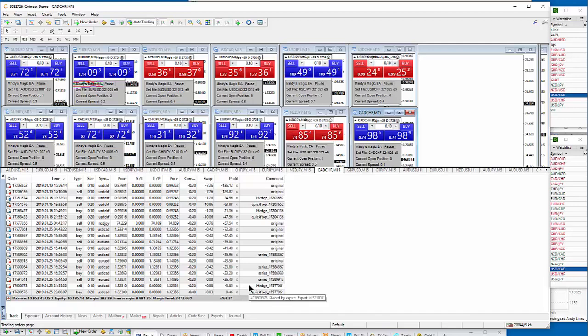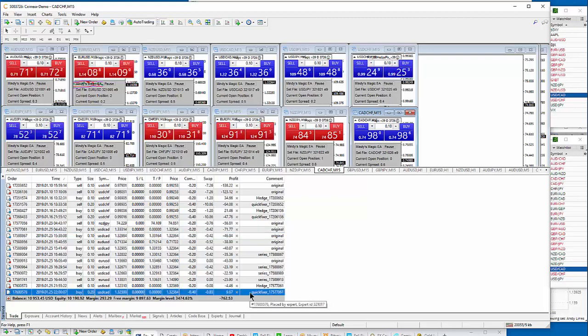But right now what's happening is this quick fixer for this USD CAD trade right here. This is the one that went negative enough to pick up a hedge and the quick fixer. So when the amount in the quick fixer reaches where I have told it to close the hedge, that's what it will do.